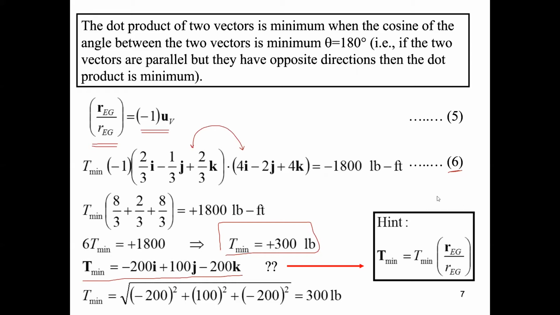Can you prove it? Now we can double check that the minimum tensile force T minimum is 300 pounds. How to do that? Take the square root of negative 200 squared plus 100 squared plus negative 200 squared.